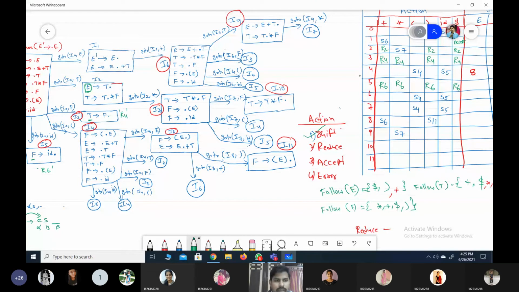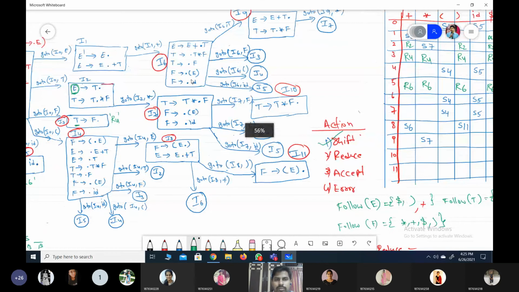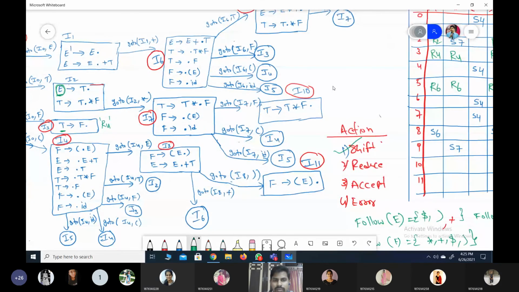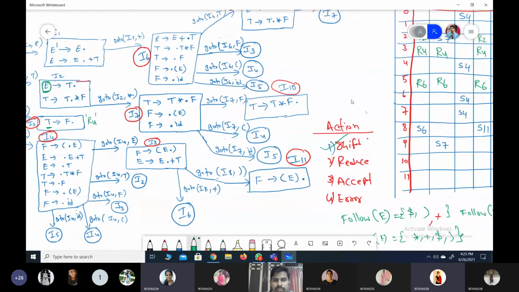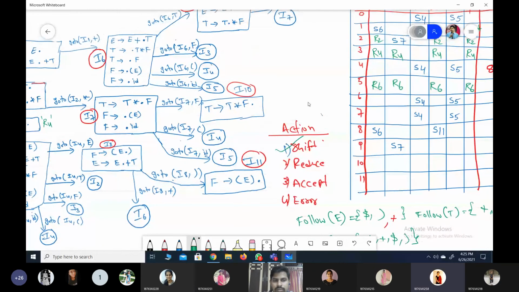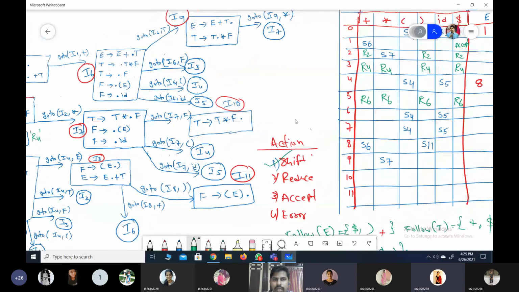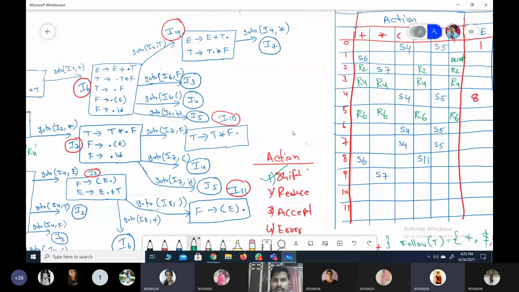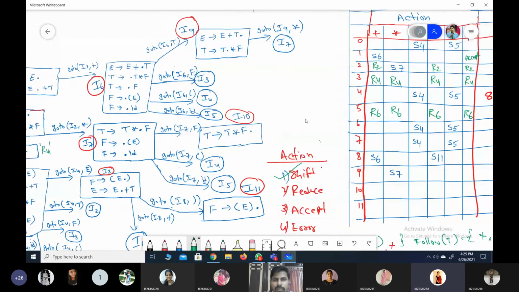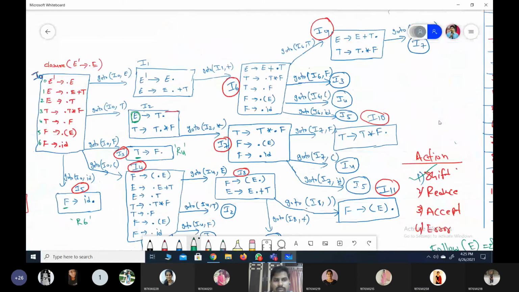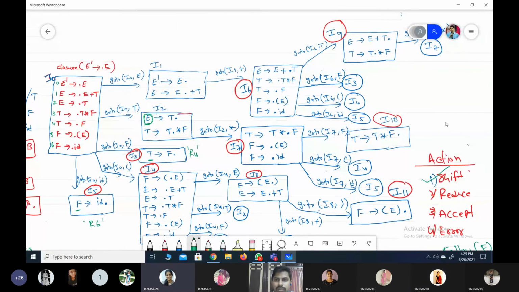And like that, item set 5 is over, next item set 6. Is there any production with the dot ended? No. I6, no. I7, no. I8, no, sir. I9, yes, sir. What is the production number? E tends to E plus T as per the grammar, production 1.